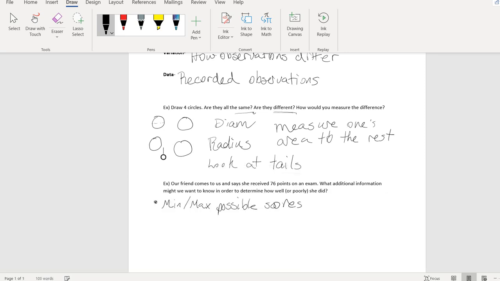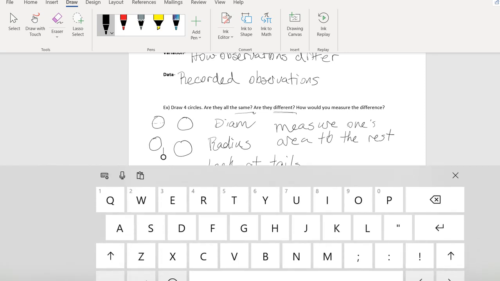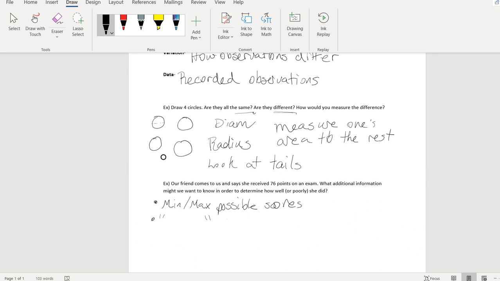We also want to know what the minimum and maximum actual scores were. For an exam, typically the minimum score would be a 0, but rarely does somebody actually get a 0 on an exam.